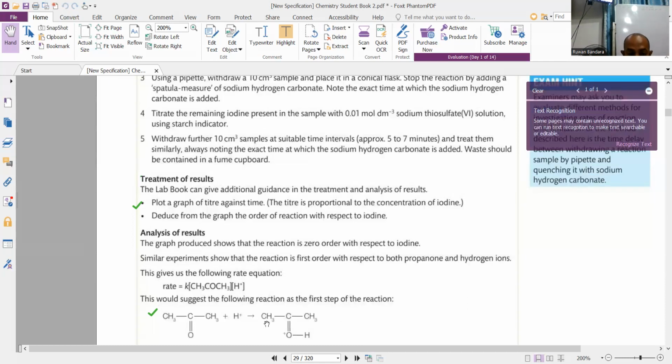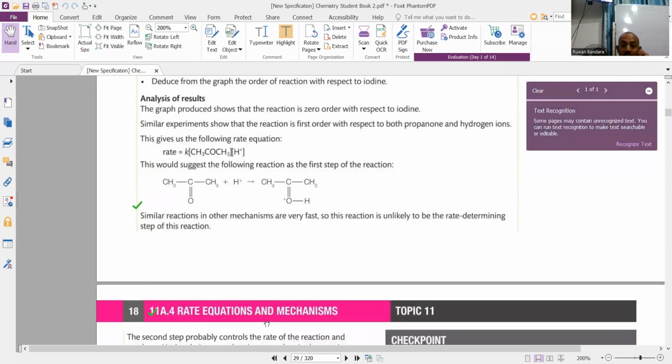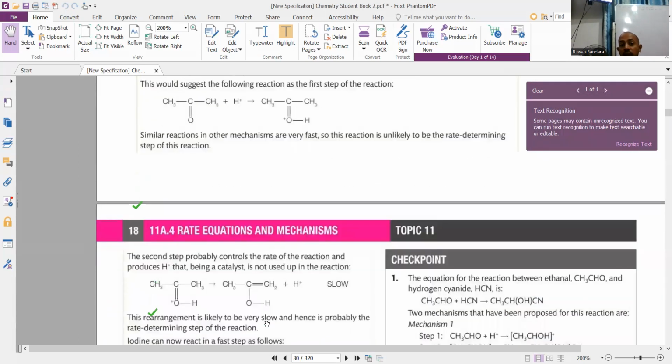It's difficult to determine the mechanism yourself, but if you have the ability to think it through, you can draw this. Look at this: they have just combined H plus and propanone. In the second stage, the first is fast, but the second one is slow. OH minus removes one H plus from this carbon. So in the first two stages, it is propanone and H plus.